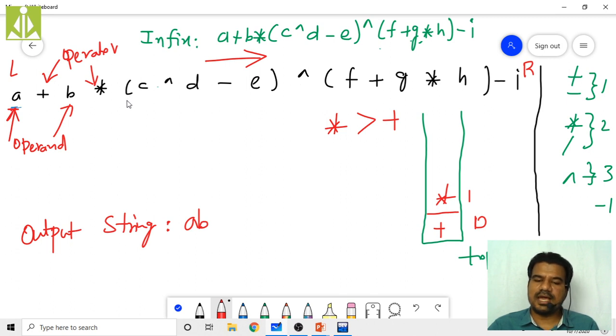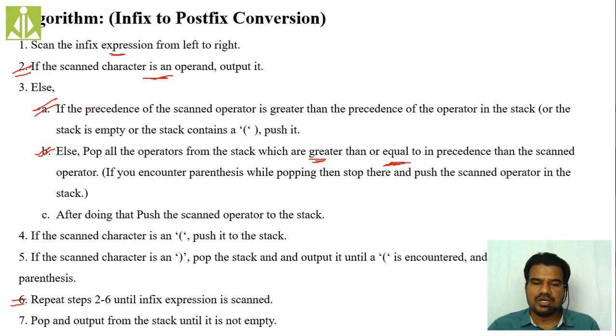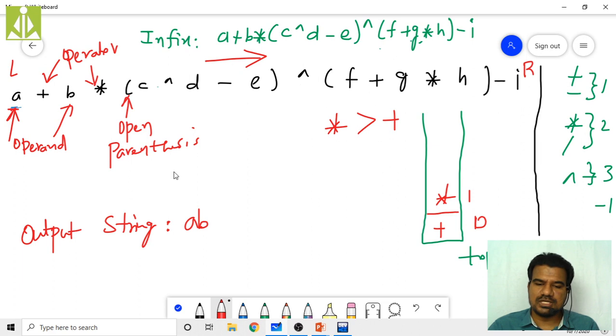Next, what are we scanning? This is an open parenthesis. So if it is an open parenthesis, what we have to do? If the scanned character is not an operand, and it is not an operator, but it is an open bracket, as currently we have, then simply push it to the top of the stack.